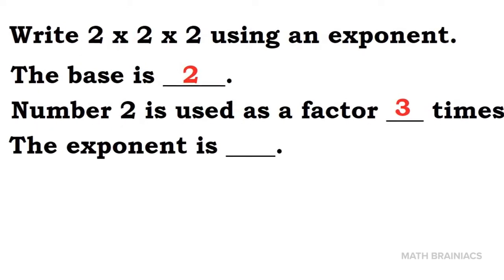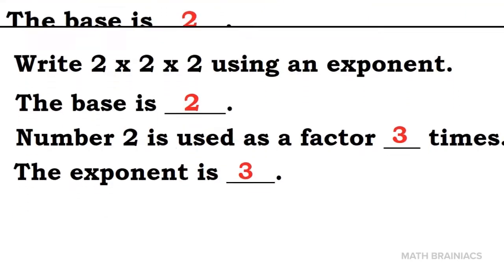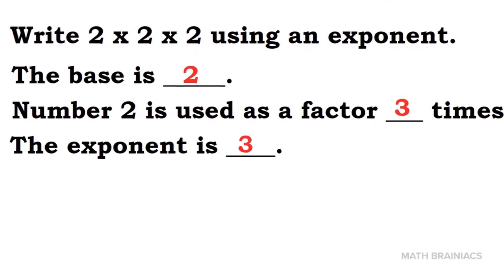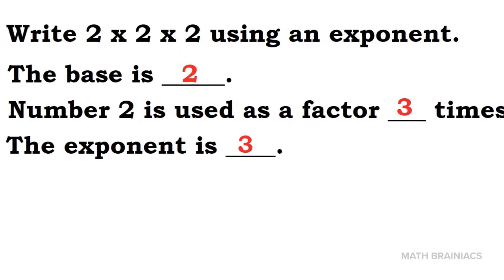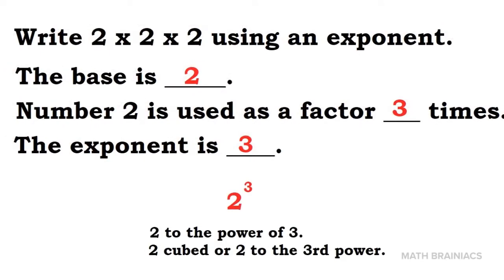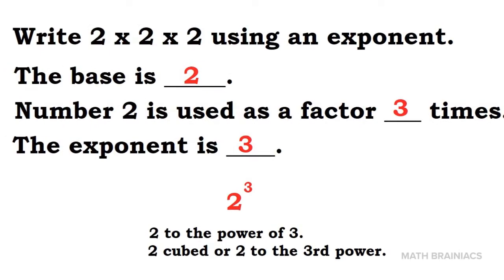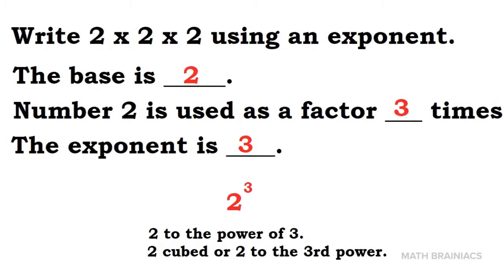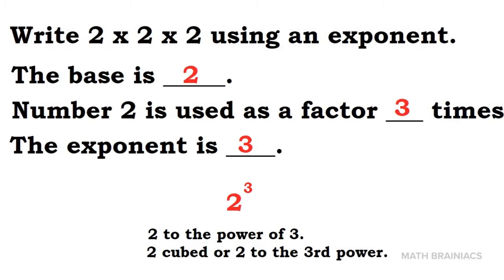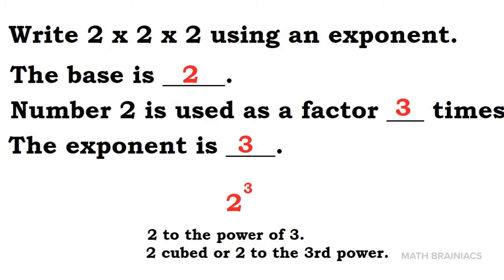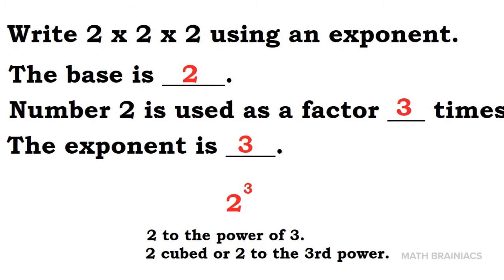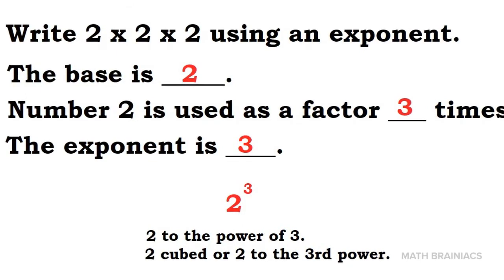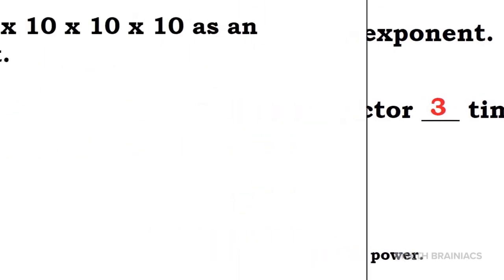Therefore, you can identify that the exponent is 3 because 2 is multiplied 3 times. Subsequently, the answer is 2 to the power of 3 or 2 raised to the power of 3, 2 to the third power, or 2 cubed. It is all the same.